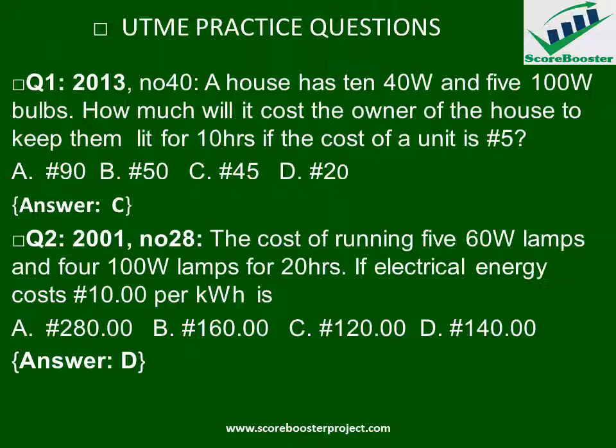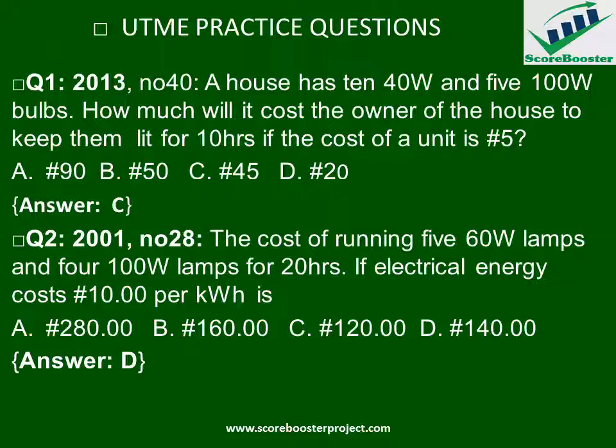Then the next question we shall be considering as your practice question comes from 2001, number 28. And the question goes thus: the cost of running a 560 watt lamp and a 400 watt lamp for 20 hours if the electrical energy costs 10 naira per kilowatt hour is dash.